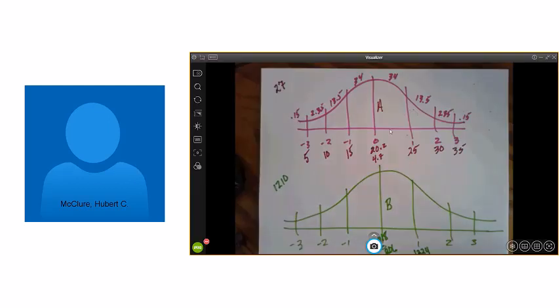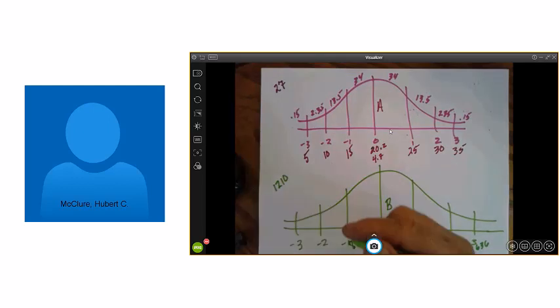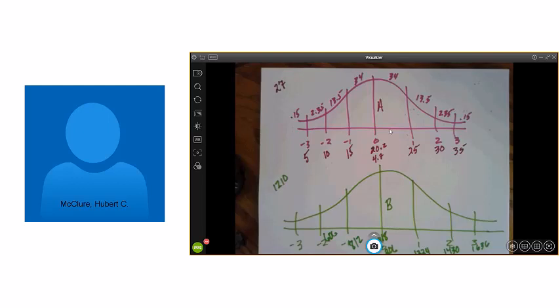All right, so hopefully y'all can see what I'm doing here. 1224 plus 206, 1430, plus 206, 1636. And go back the other way, 1018 minus 206, 812, minus 206, 606, and minus 206, 400.